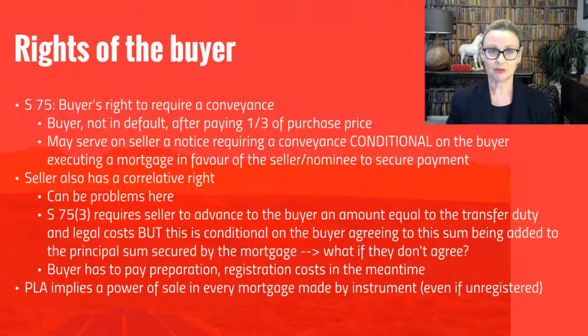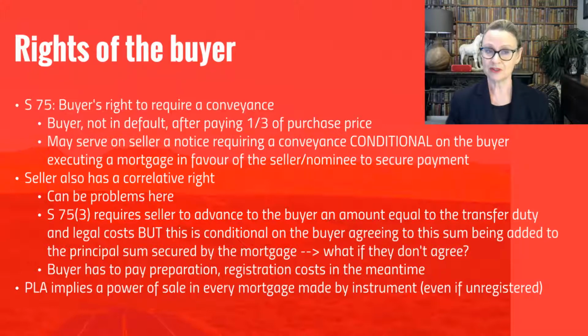They can actually direct the seller to convey the property to me, and you're thinking, hang on, they haven't paid all of the purchase price. Well, that's right, but they have to execute a mortgage in favour of the seller in return.